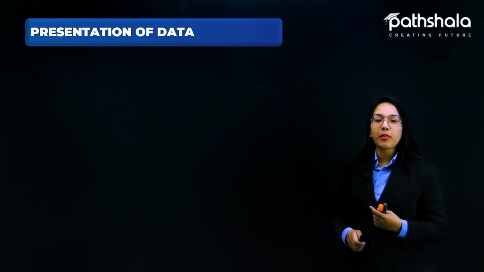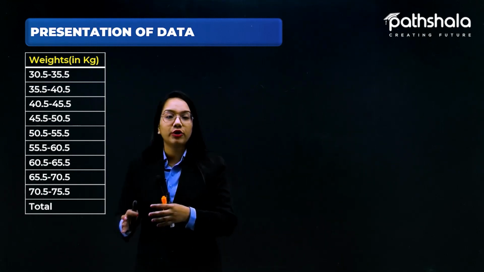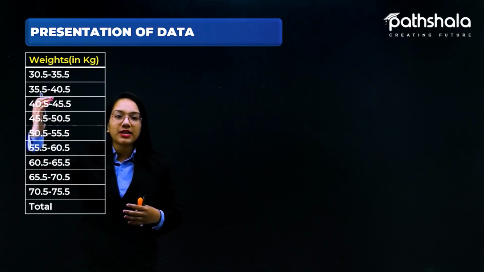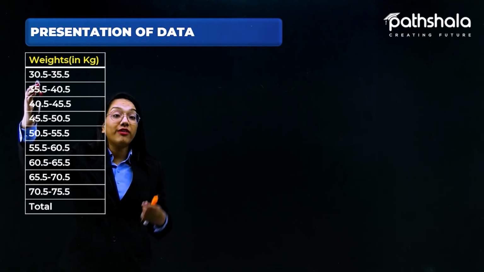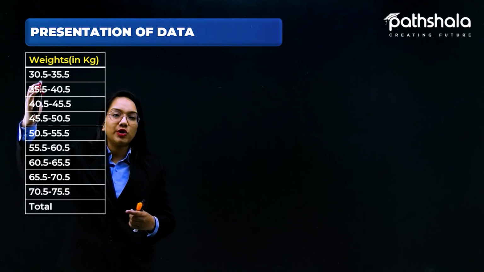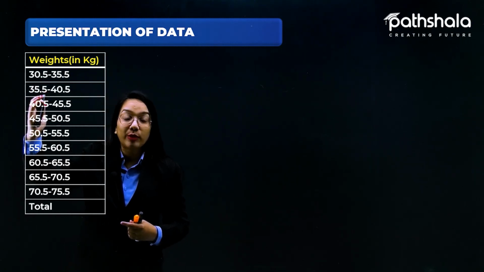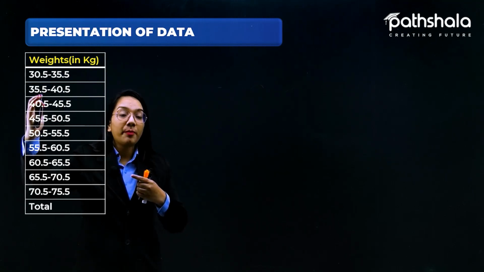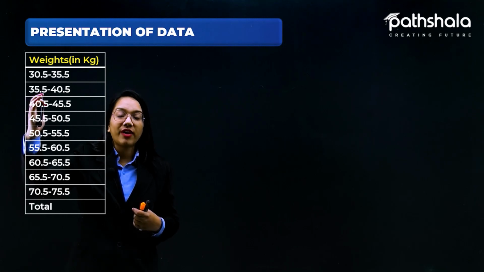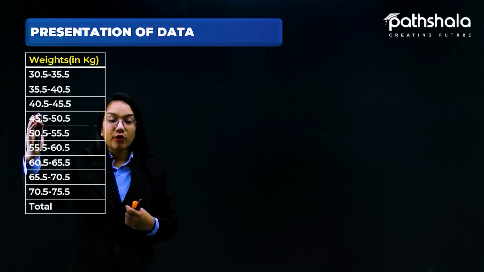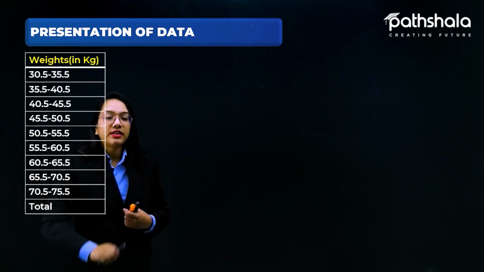So the intervals are now of the new form, and you can see for yourself that they are overlapping class intervals, because we have 30.5 to 35.5, then 35.5 to 40.5, starting in a continuous manner. They are the overlapping ones: 35.5 to 40.5, 40.5 to 45.5, and so on. We are going till 75.5.